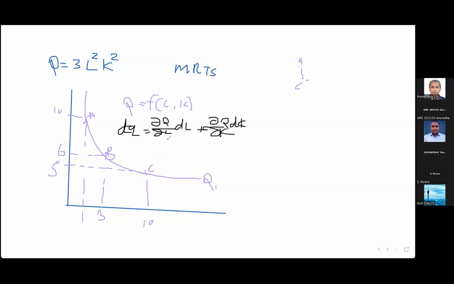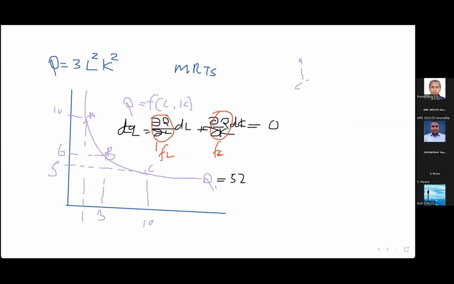This is the same amount of production, one isoquant, for example, let's say 52. For total differentiation, the change of output always becomes 0 because it is the same amount of output. With this, you can see that this part is the marginal product of labor, and this part is the marginal product of capital.